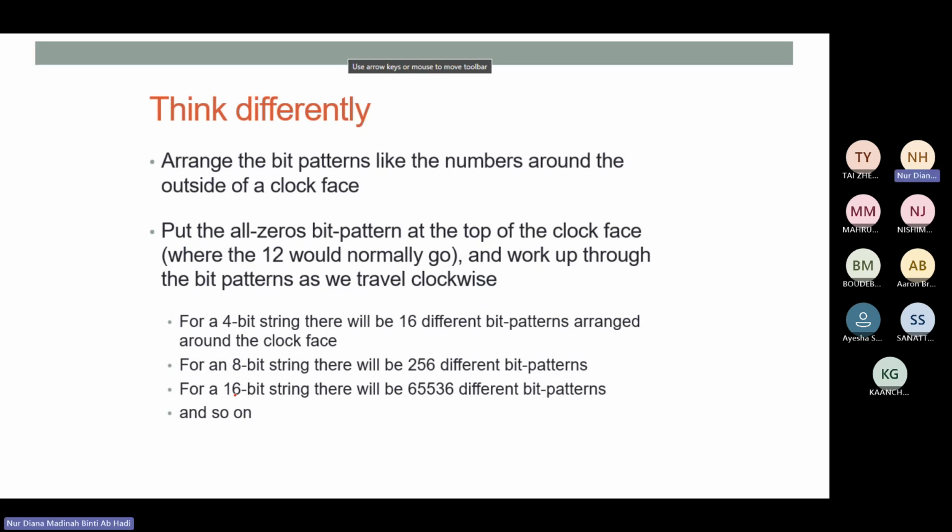Okay, so put the all 0-bit pattern on the top of the clock face where the 12 normally goes. Go up through the bit patterns as we travel clockwise. For 4-bit there will be 16 different patterns. For 8-bit there will be 256 bit patterns, while a 16-bit string will have 65536 different bit patterns and so on.